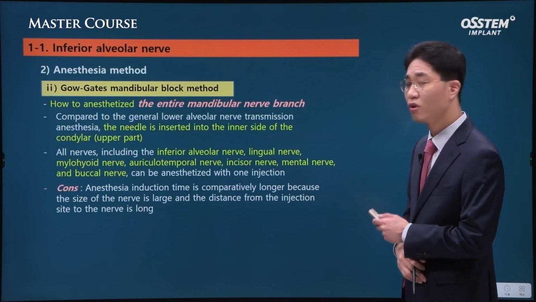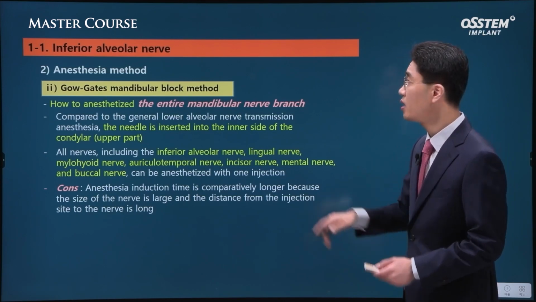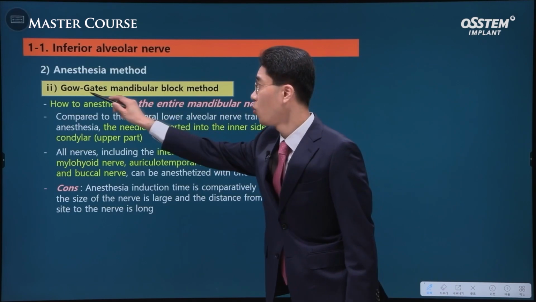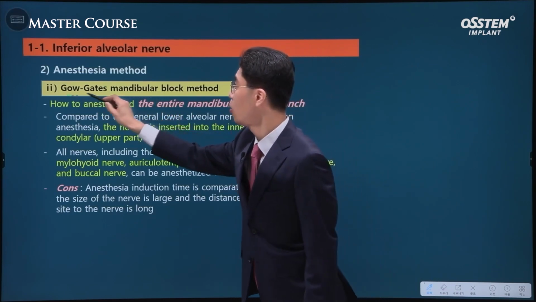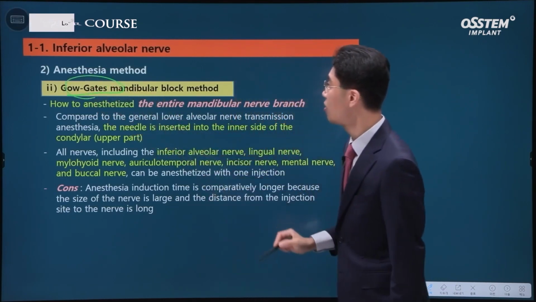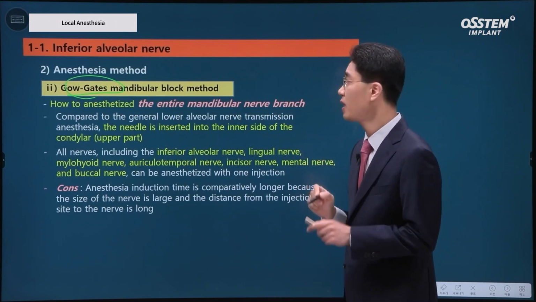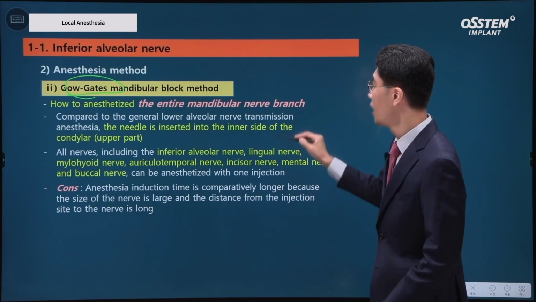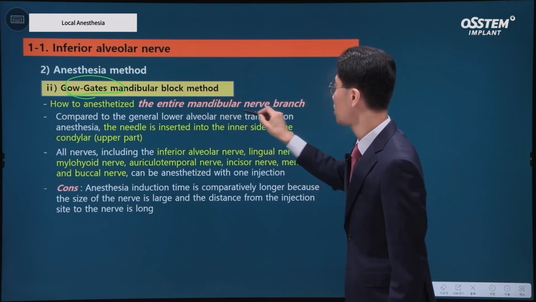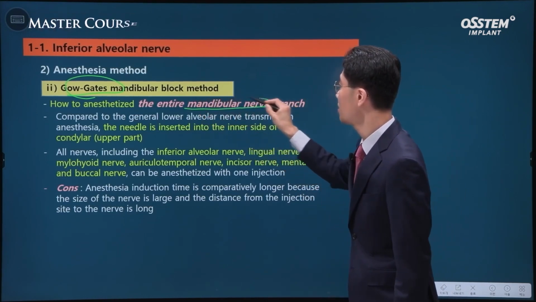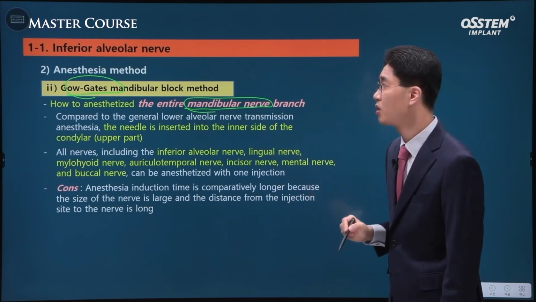A dentist called Gow-Gates devised this method. It does anesthesia not just on the inferior alveolar nerve, but on the entire mandibular nerve. The entire mandibular nerve branch is anesthetized. More extensive effect can be gained.